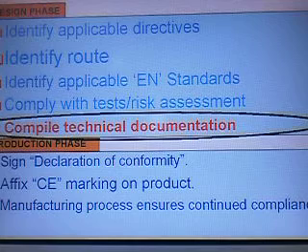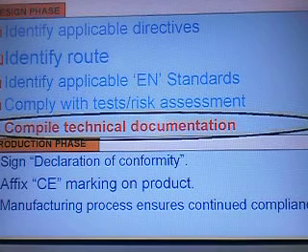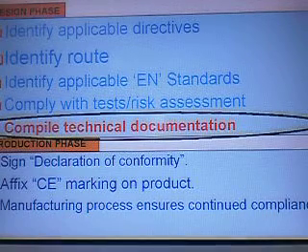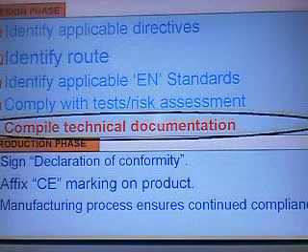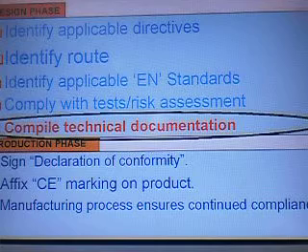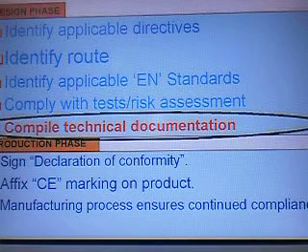Once you get the test reports, you need to compile technical documentation in support of your conformity claim. It contains the information about the manufacturer, the importer, the product and product variant, and it also contains the test reports.